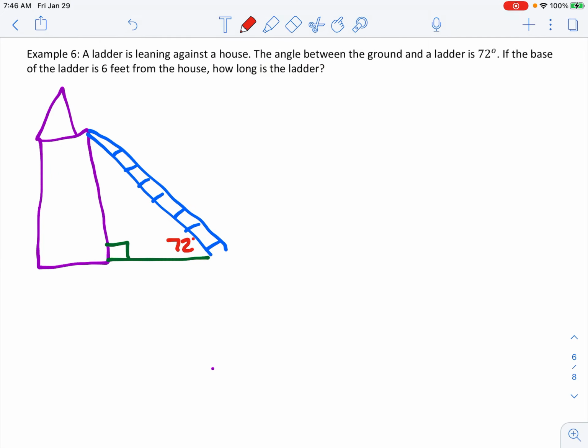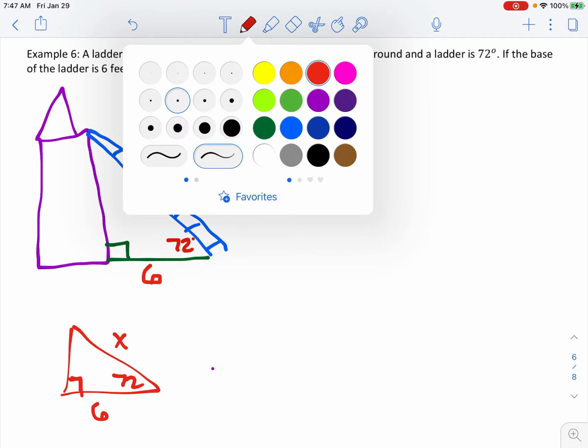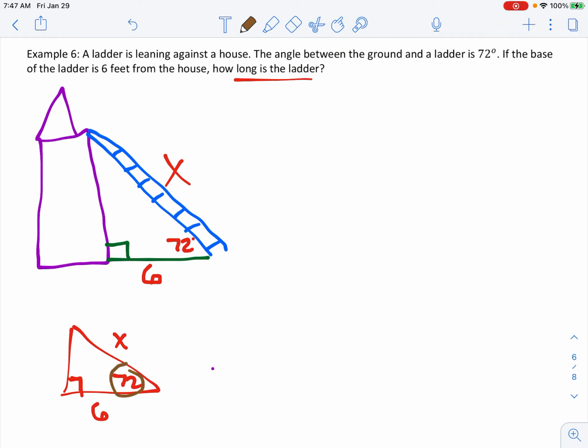If the base of the ladder, the base is the bottom, is 6 feet away, they want to know how long is the ladder. So I'm going to put an x on the ladder. So let's think about this. We're focusing on basically a triangle that has a 6, a 72, and an x. All right, we'll do SOH CAH TOA to solve it. So let's label our sides. I have opposite, I have hypotenuse, which makes that adjacent.